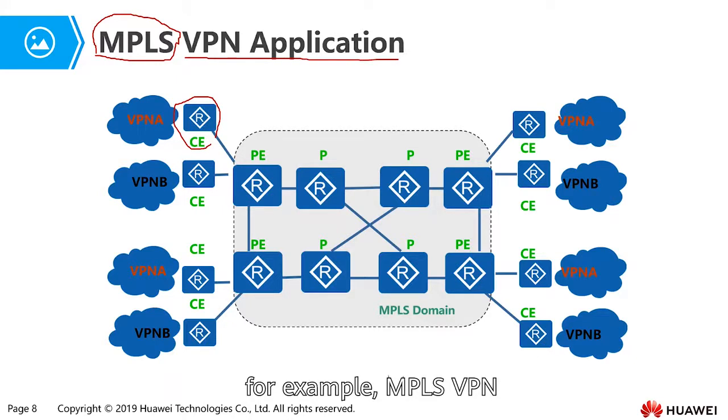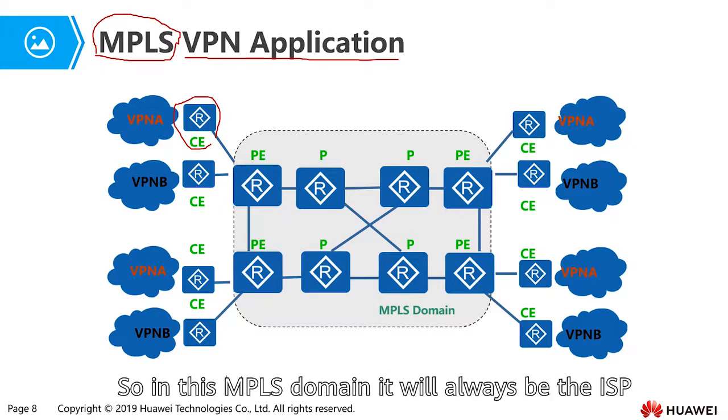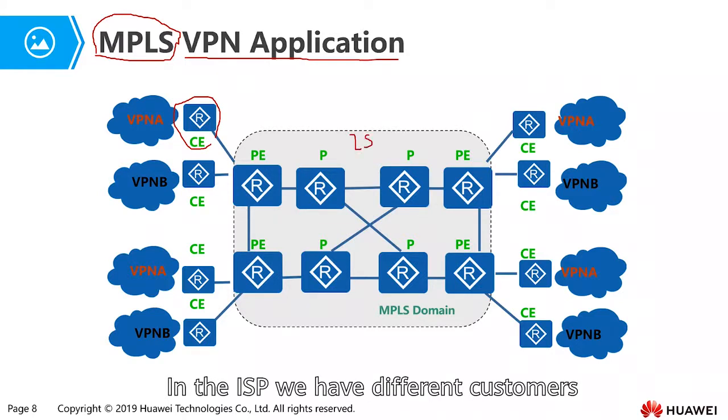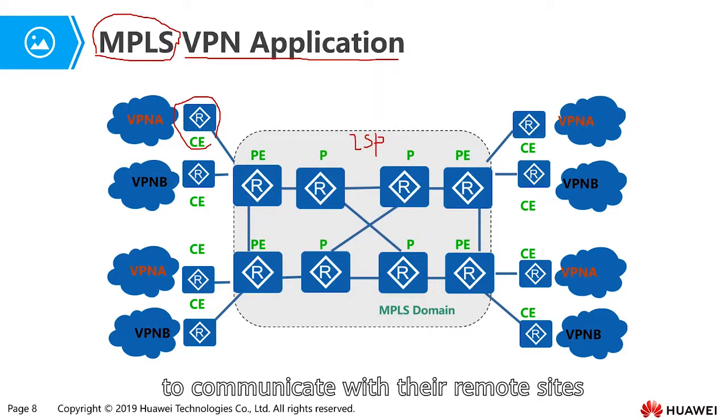For example, MPLS VPN. In this MPLS domain, it is always the ISP, and in the ISP we have different customers. These customers have the requirement to communicate with their remote sites.